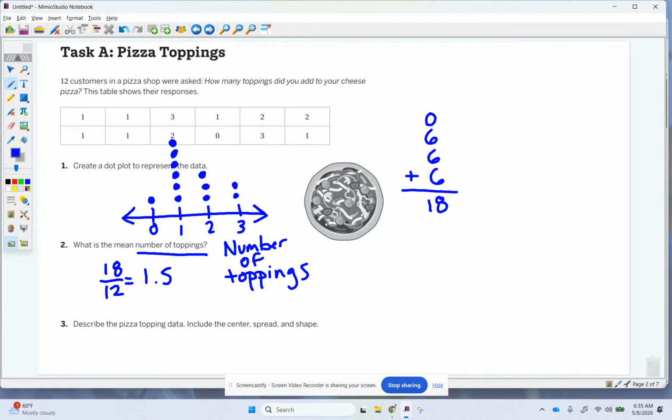Now describe the data, including the center. So the center is at 1.5, the mean. And if I look right here, there's more numbers shifted to the left.